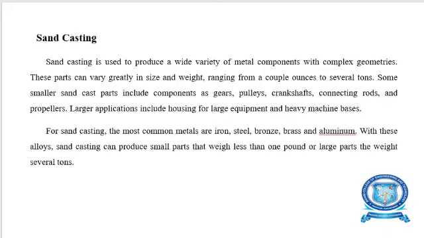For sand casting, the most common metals are iron, steel, brass and aluminum. With these alloys, sand casting can produce small parts that weigh less than 1 pound or large parts that weigh several tons.